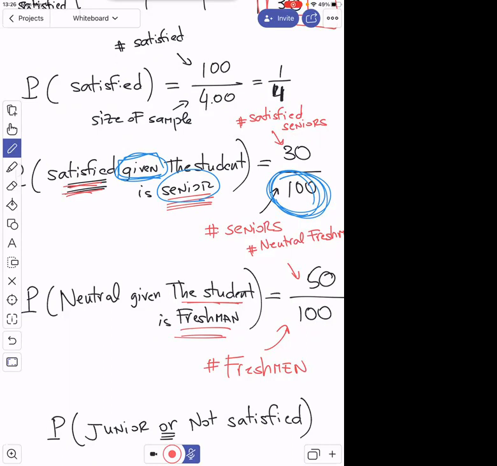Given the student is freshman, the denominator would be the total number of freshmen. In the other cases, when you have or and and, the denominator is always the total size of your sample.